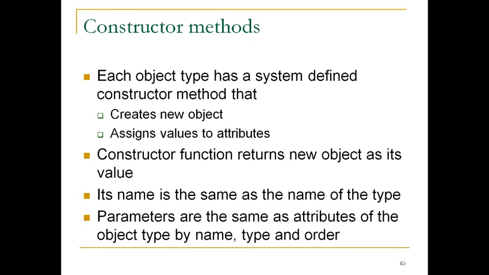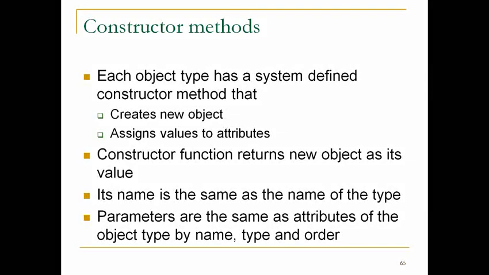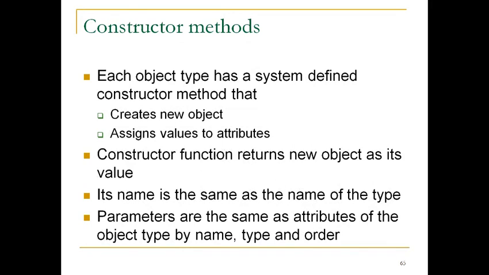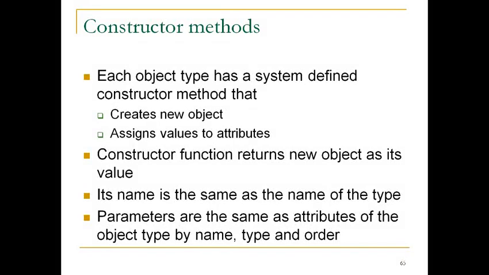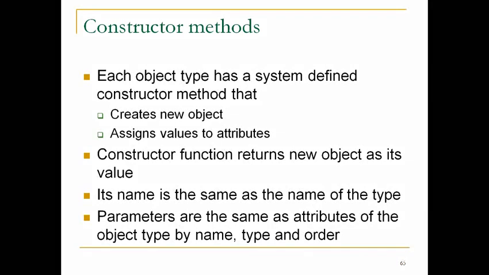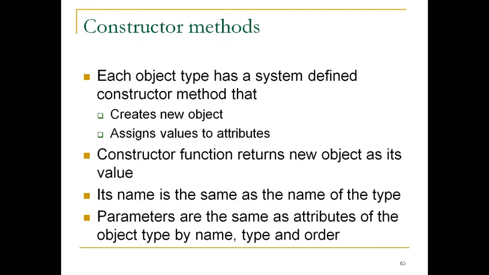So we have some variable, for example, 1, and we can assign a value to it, and the constructor will be, for example, type, which is abbreviated from the word object, and some parameters.